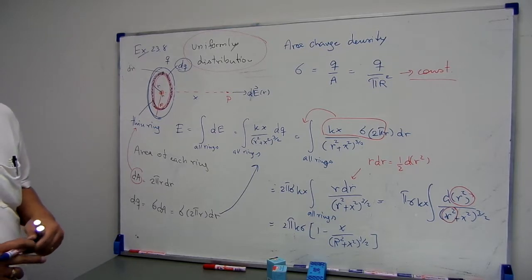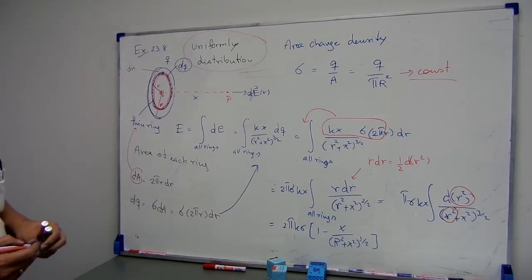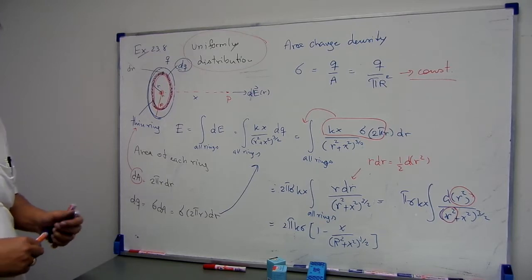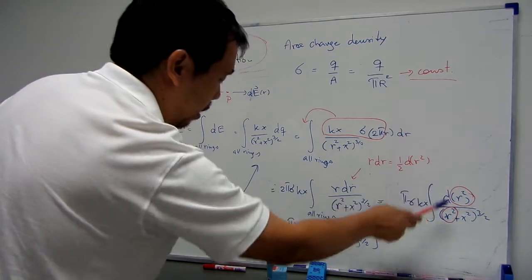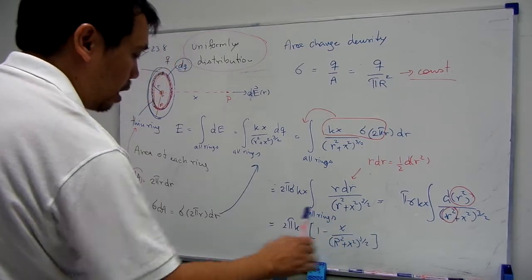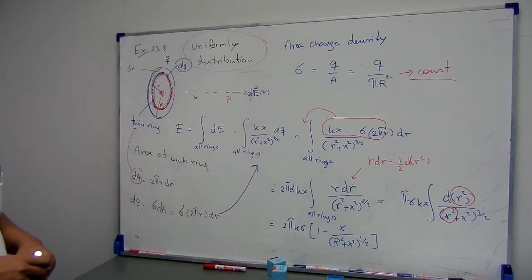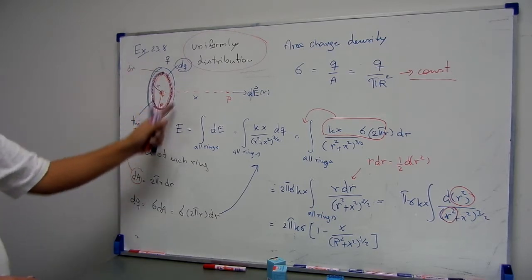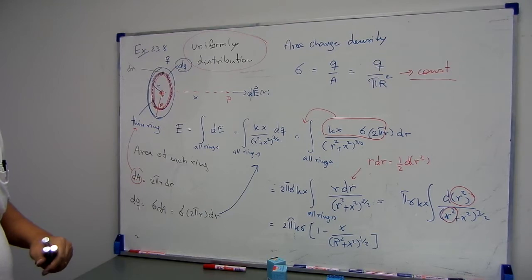Okay, that is the solution. I will give you as a do-it-yourself exercise to perform the integration to get this solution. So this is the solution for this problem of the charge uniformly distributed on the disk.